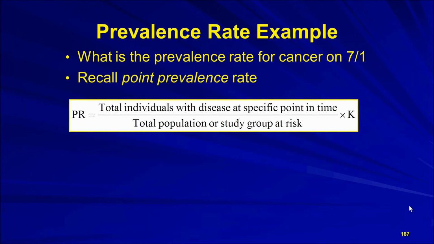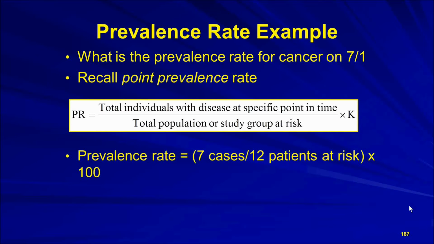Okay, so what is the prevalence rate for cancer on 7/1? Recall that it's a point prevalence rate. So we have the total individuals with disease at a specific point in time that includes new, existing, and recurring cases, and we didn't have any recurring cases.